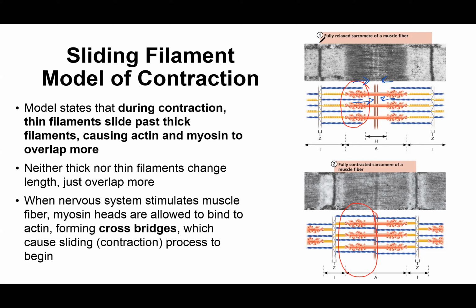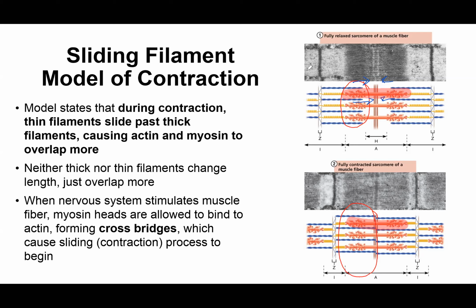And it's important to pay attention to the fact that the length of the thick filament is still the same in both positions, in both top and bottom, in both relaxed and contracted. And really the same goes for our thin filament.